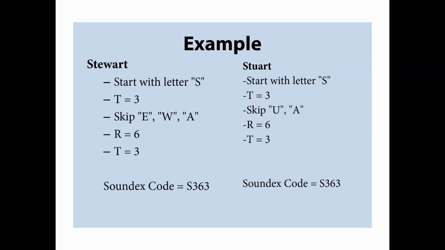We're then going to skip different letters. So for Stewart, we're going to skip E-W-A. And then for Stuart on the right, we're going to skip the U and the A. They both have an R, so they get a 6, and then they have a T at the end, they get a 3. And when you do this calculation for each, they both have the same Soundex code.